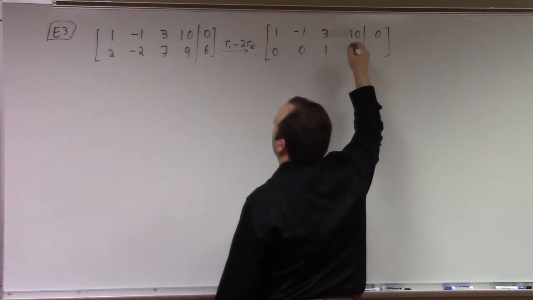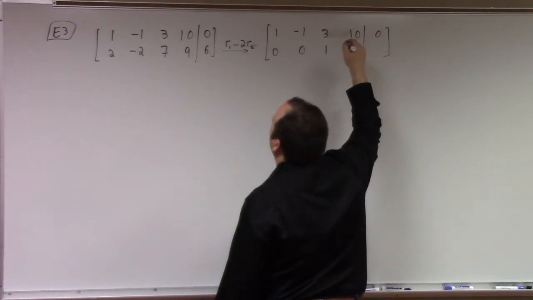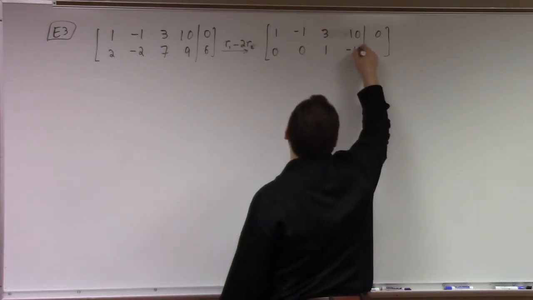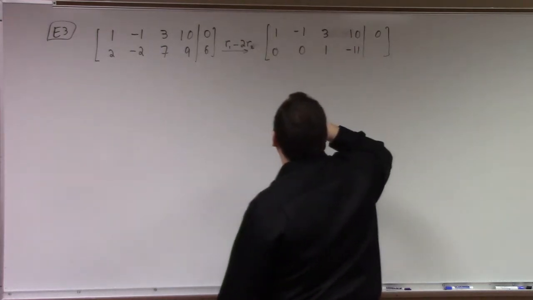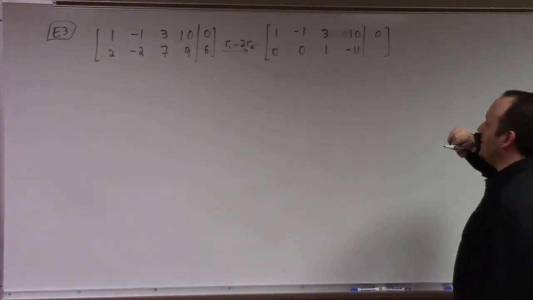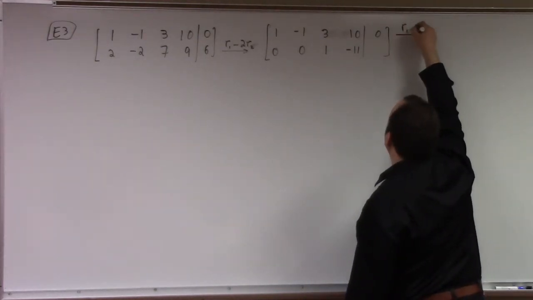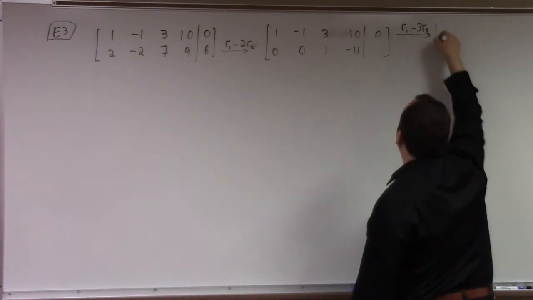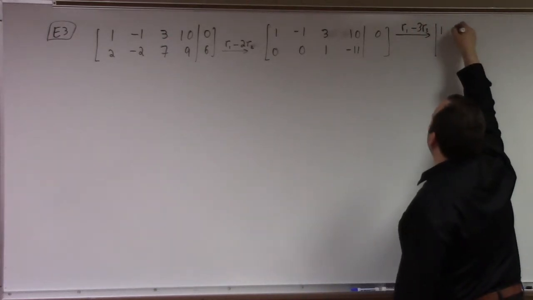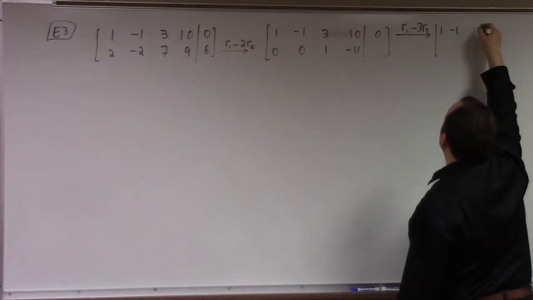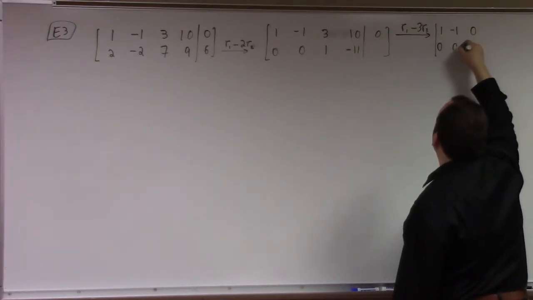That was not on purpose. We got 9 minus 20 minus 11. Yeah. Sweet. It's already in row echelon form. And then all I got to do is row 1 minus 3 times row 2. And I think we'll be golden. Let's see here, 0, 0, 0, 1.